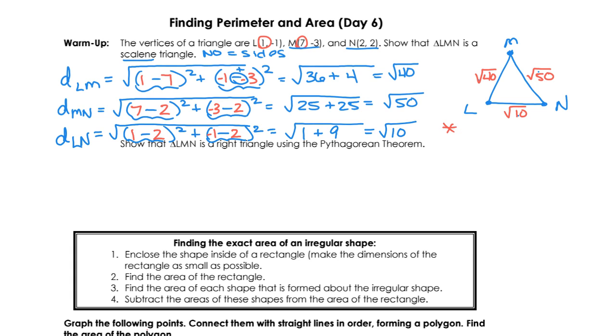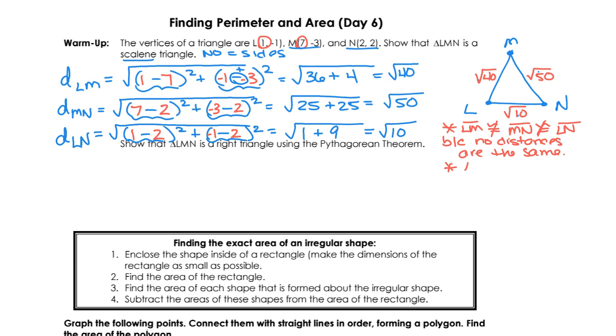So all I'm going to do is say that LM is not congruent to MN, and it's not congruent to LN, because no distances are the same.